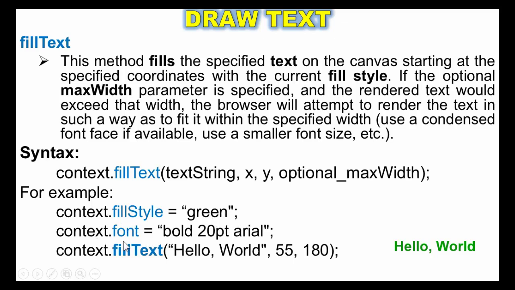The command context.font, the font is Arial, size is 20 points, and it is bold. And then the next command, context.fillText, I wanted to draw the message Hello World located at x-axis 55, y-axis 180, and it will display that text in green colored text, Hello World.